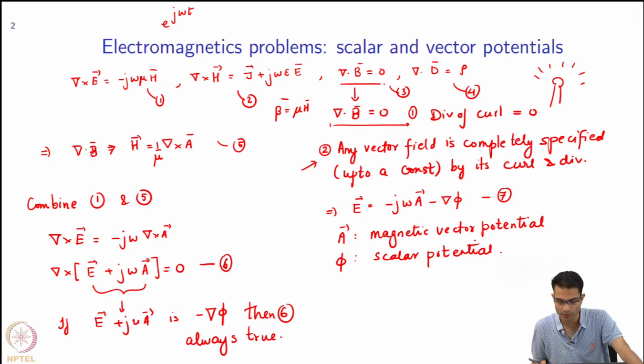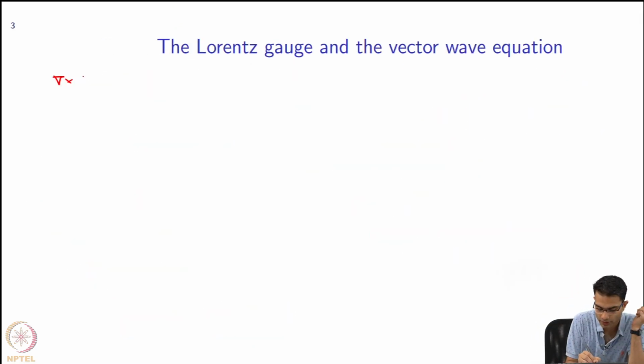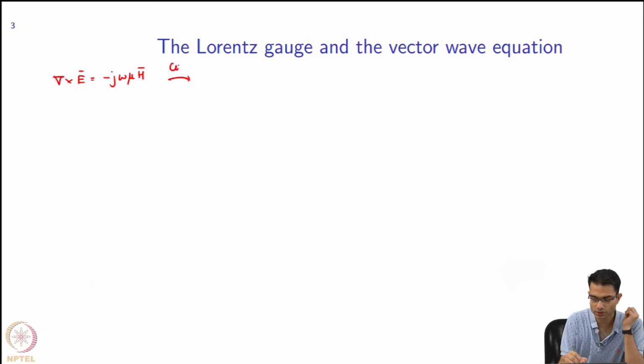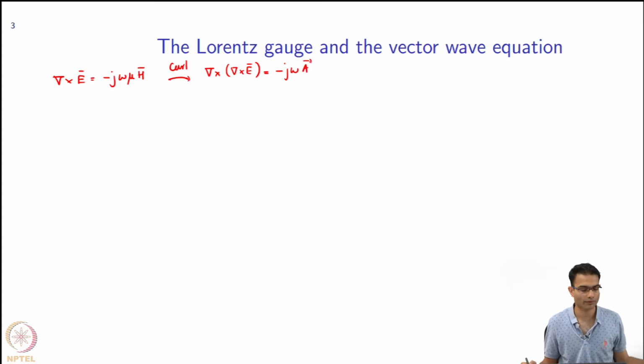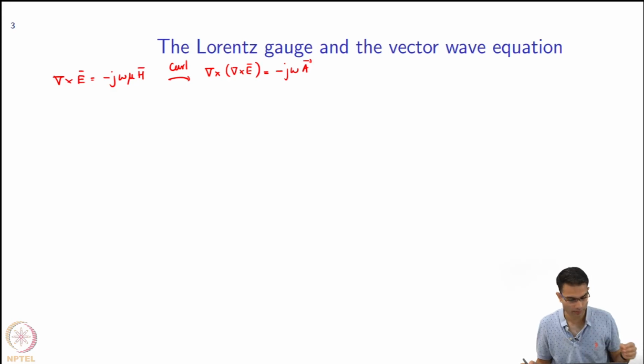So what could we do next? Take curl of first equation, and then that will allow us to substitute, right. So let's write it down over here. So my first equation was curl of E was equal to minus j omega mu h. Now if I take curl on both sides, I get del cross E, and I will get a minus j omega A, because curl of H is that 1 by mu A is there.